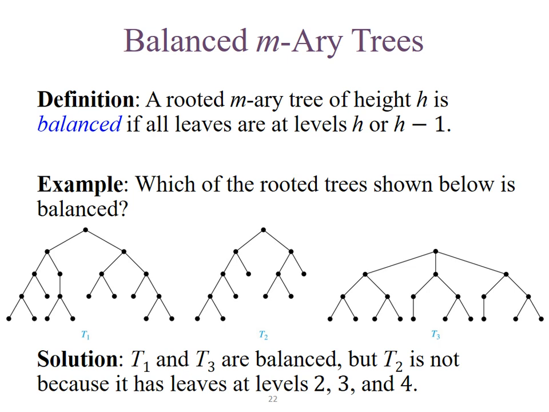So we don't have all leaves at level h or h minus 1, so this is not a balanced tree. For a full binary tree, every internal vertex should have exactly 2 children. We have internal vertices, this one, this one, this one, and they are all internal vertices with 2 children. So this one seems okay.